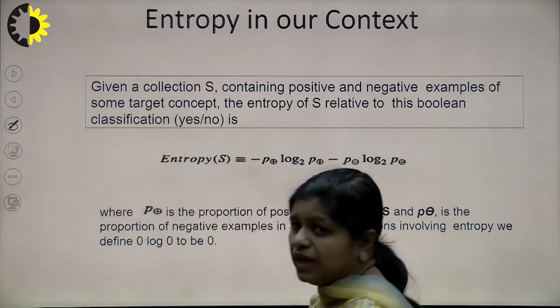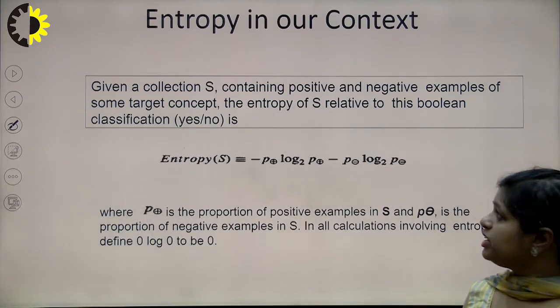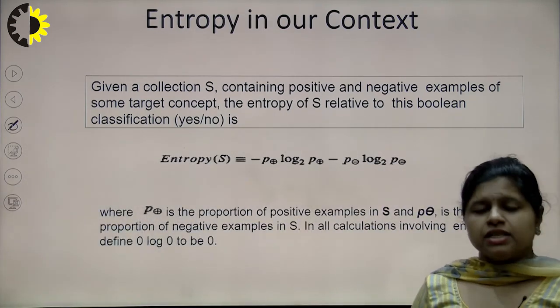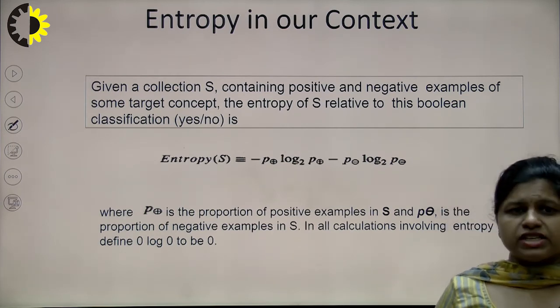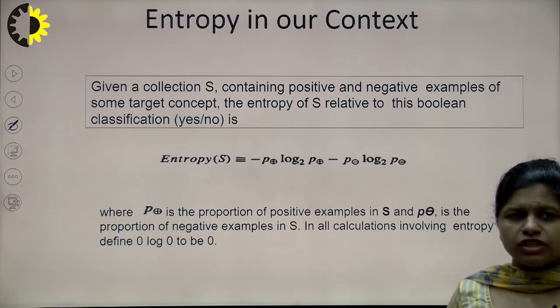What is entropy in our context? We are given a collection S which contains, if it is a binary classification problem, some positive examples and some negative examples of the target concept.